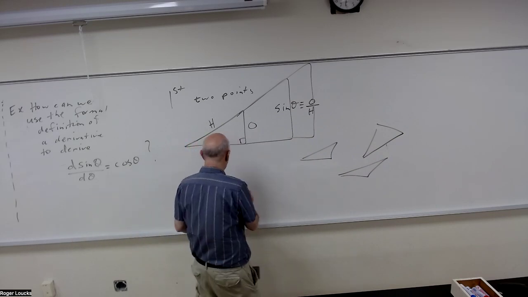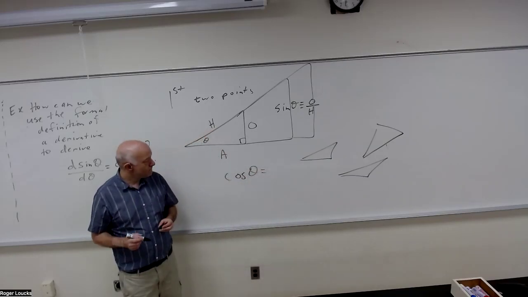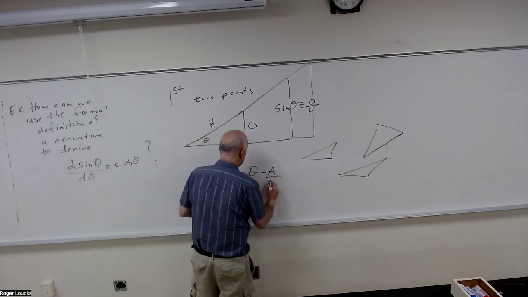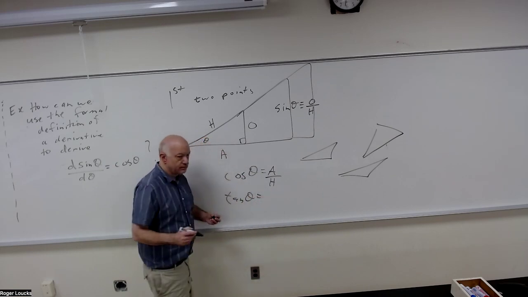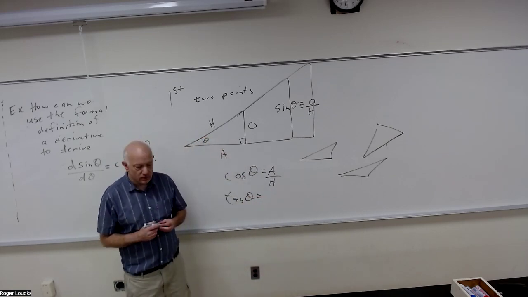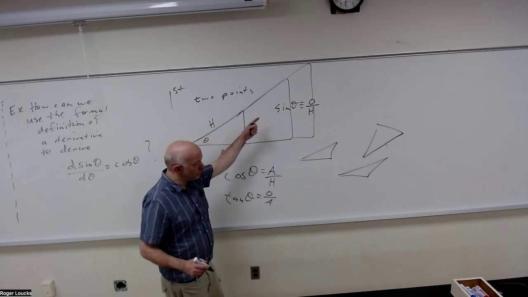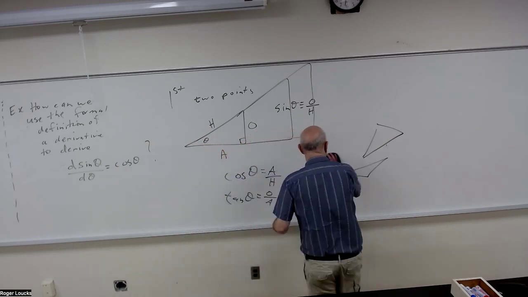Okay, then tell me about my buddy cosine. Adjacent over hypotenuse. Since we're at it, let's get our friend tangent theta. Opposite over adjacent. Okay, so this is this one. We're going to need both of these here. Now the other point.